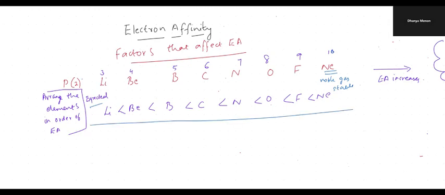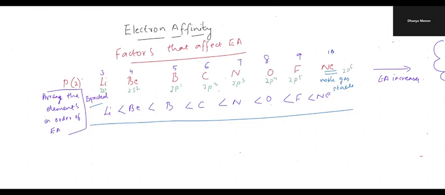If I write down the configuration: 1s2 2s1, 1s2 2s2 2p1, 2p2, 2p3, 2p4, 2p5, and 2p6.